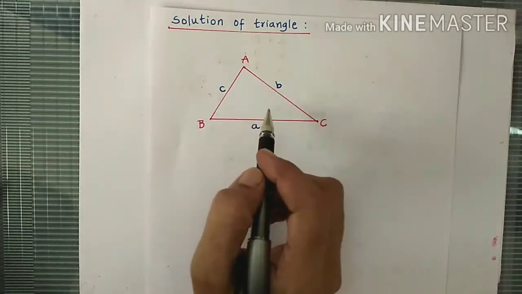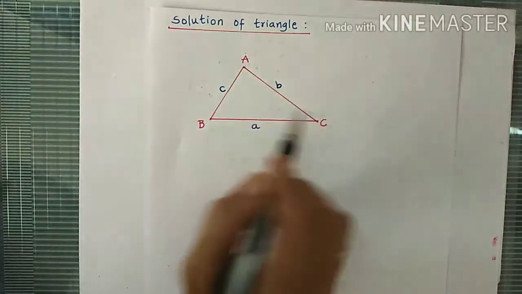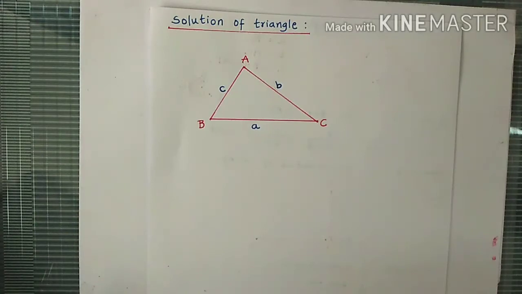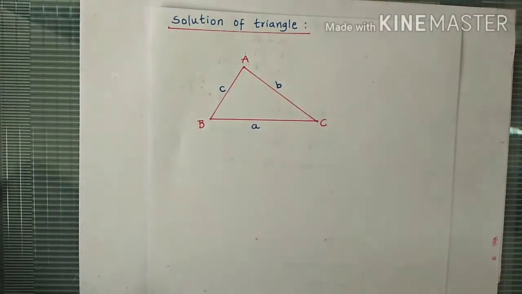Whenever we have to write angle, for example angle BAC, we can just denote it by capital letter A. Capital letter B means it is angle ABC, so we just write it as angle B. And whenever we say angle C, that means it is angle ACB or BCA, but we just denote it by capital letter C. So that is the convention used.